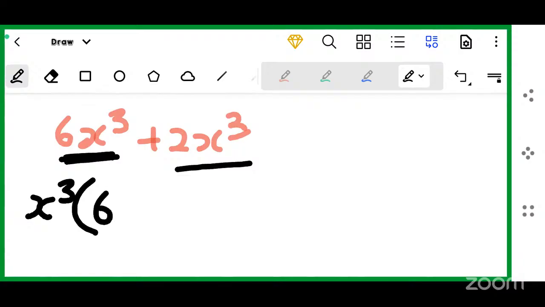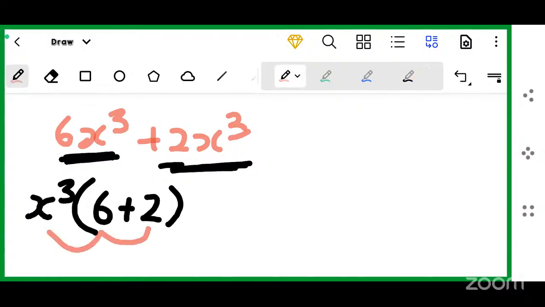We remain with a 6. On the other side, if I take out x to the power of 3, we remain with a plus 2. So you write plus 2 and close the bracket. Whenever you multiply this and this, it has to bring you back to the original.